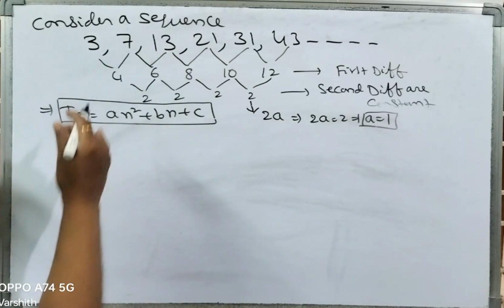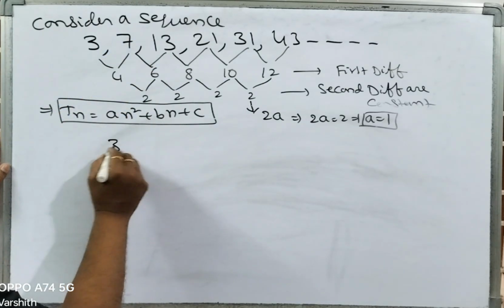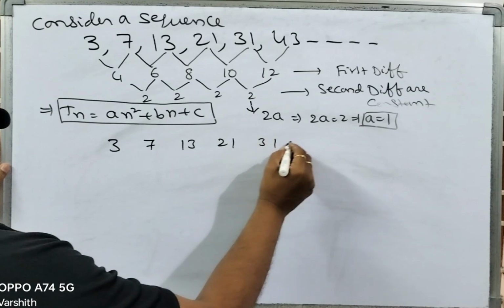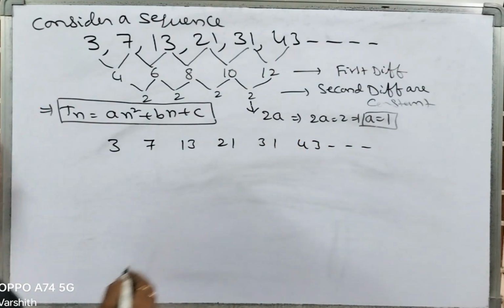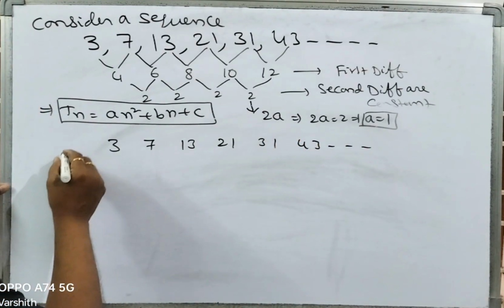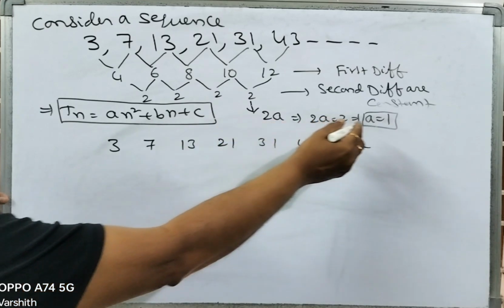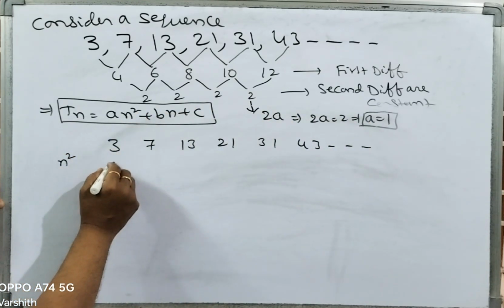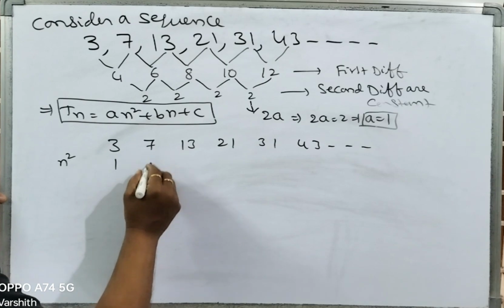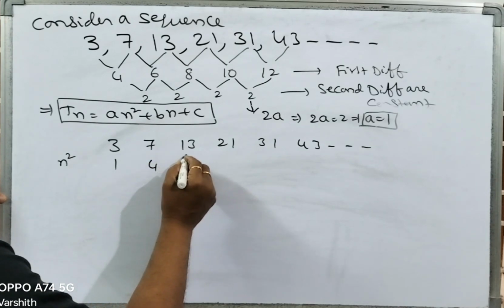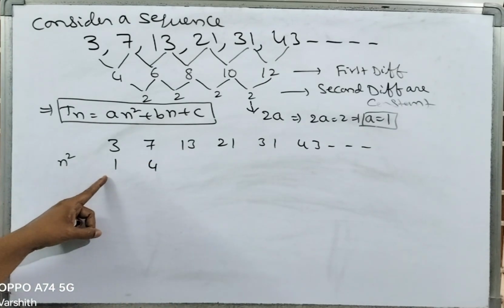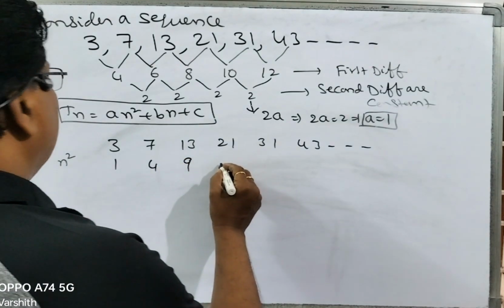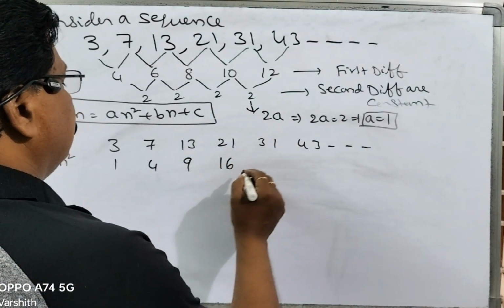Now consider our sequence. What is the sequence given? 3, 7, 13, 21, 31, 43, and so on. Now write the n square values.